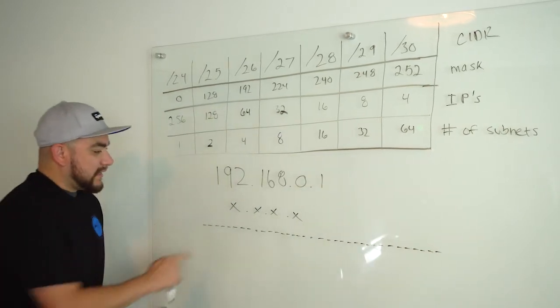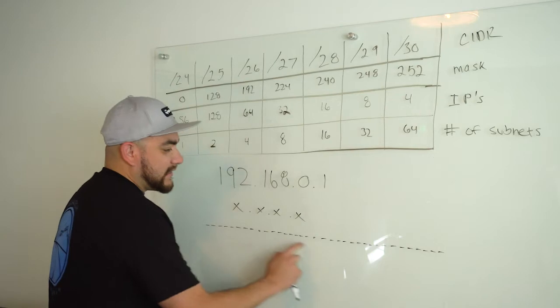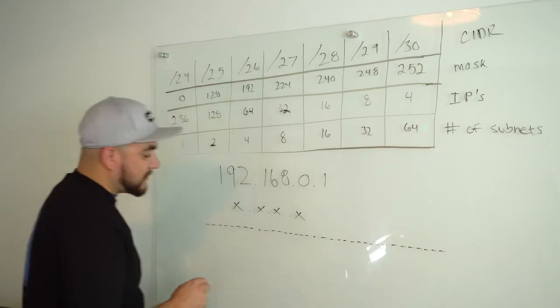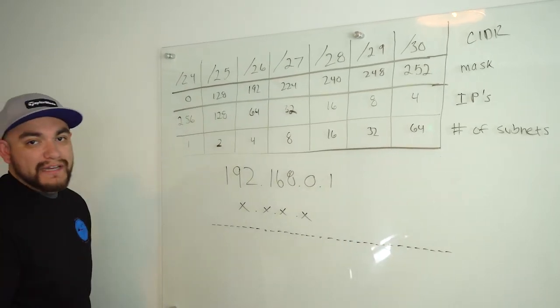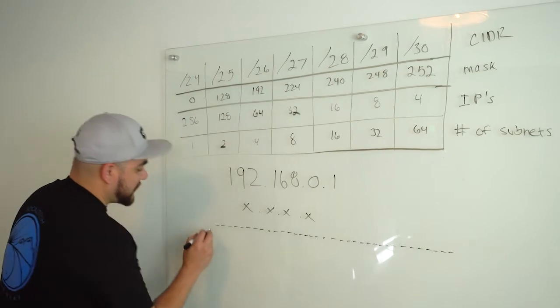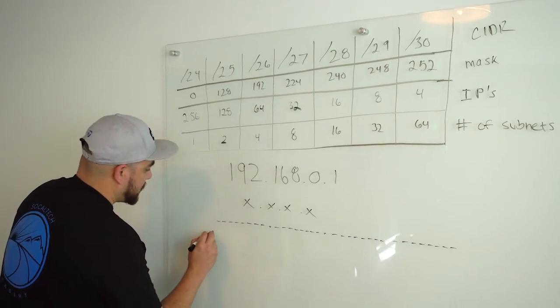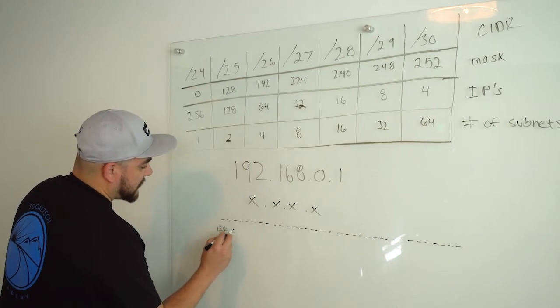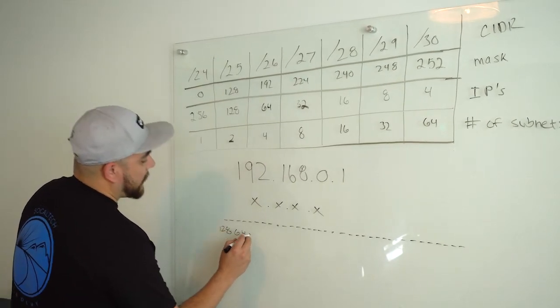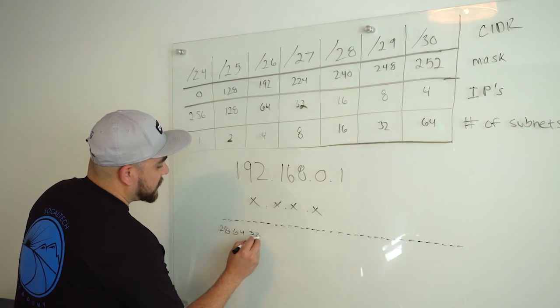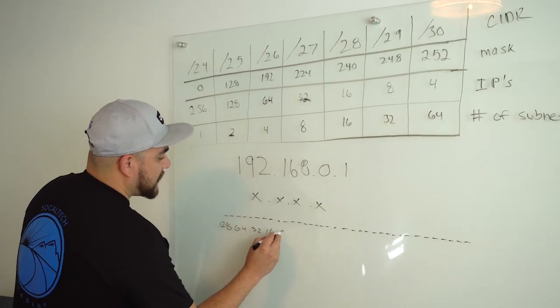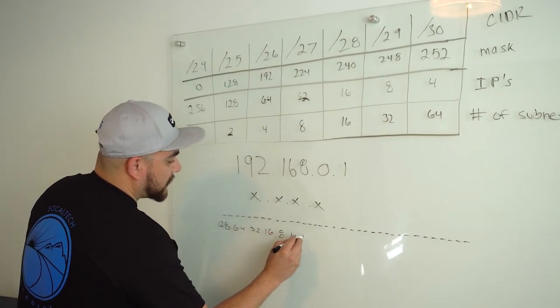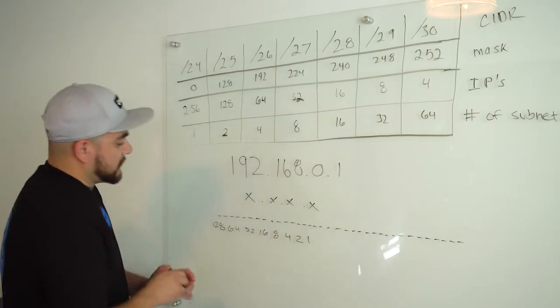Now, each bit within each octet has a numerical value attached to it. The first bit always equals 128, the second bit equals 64, then 32, 16, 8, 4, 2, 1.